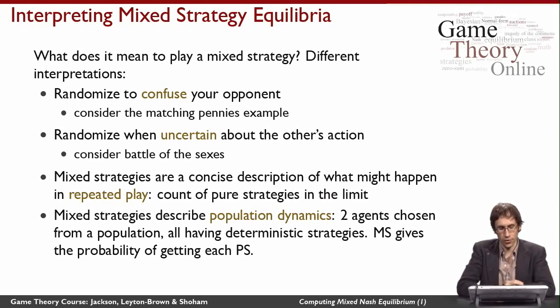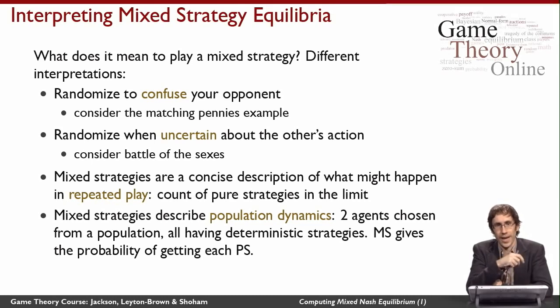The last interpretation is that mixed strategies describe population dynamics. So if we have whole populations of player ones and whole populations of player twos, and we sample players from the population, each of them has a deterministic strategy, and the mixed strategy can be an interpretation of those population proportions.